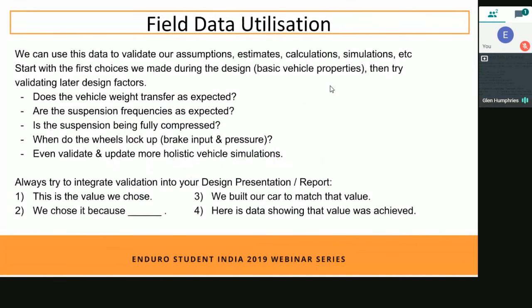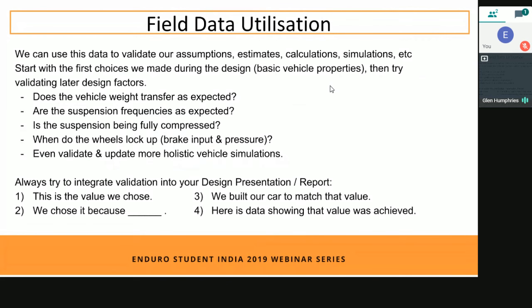So yeah, just recapping there, utilizing our field data. And like I said, often the easiest ones to start with are actually our early basic vehicle estimations we made. We estimated, like I said before, what our ideal ground clearance would be.